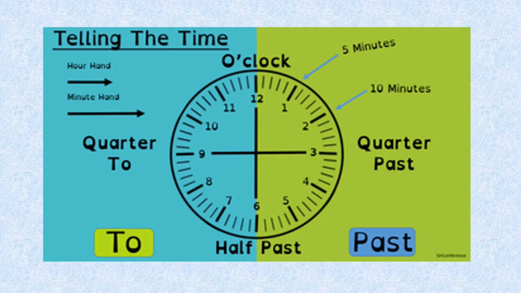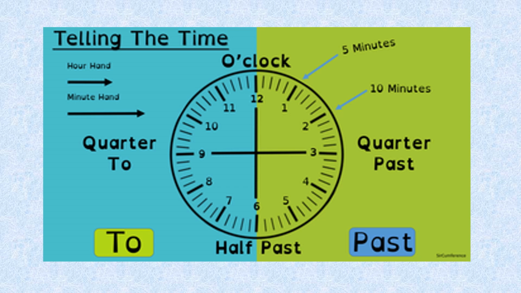We can easily divide the clock into 4 equal parts, and each part is known as a quarter. So, when the minutes hand is pointing at number 3, we can say quarter past or 15 minutes past.